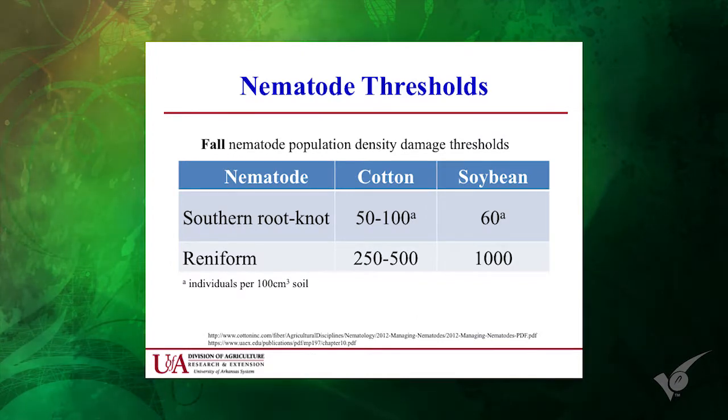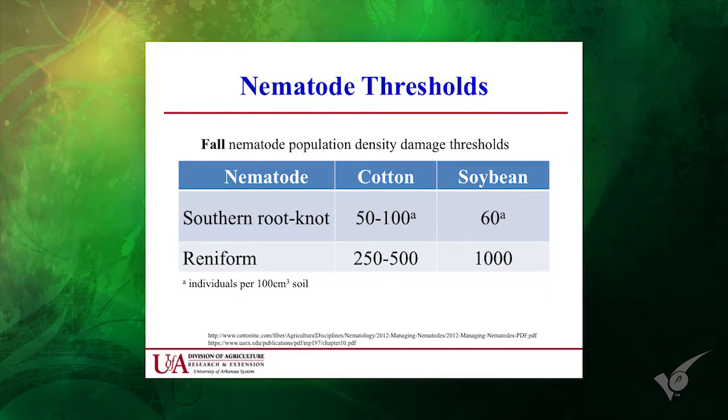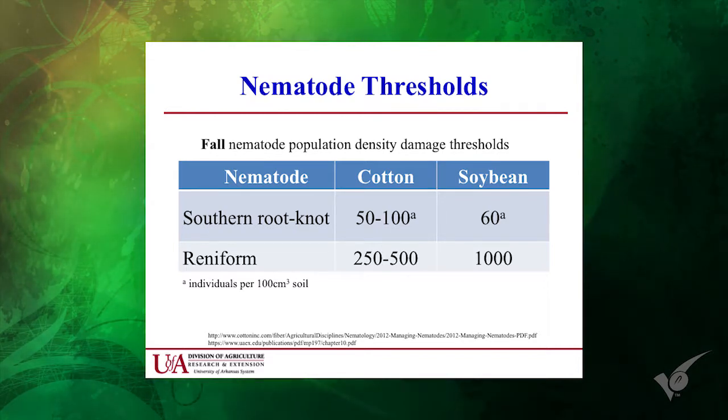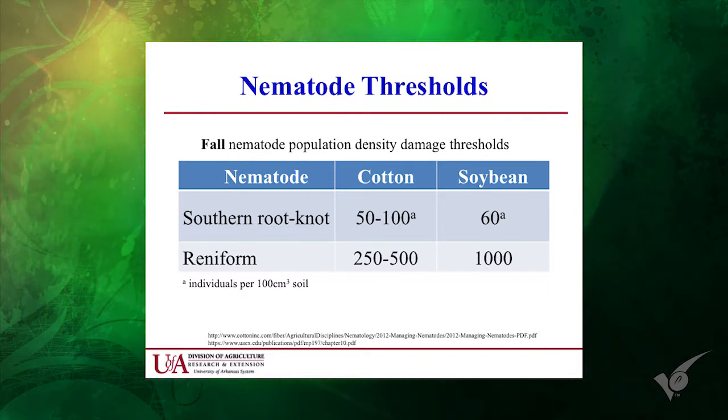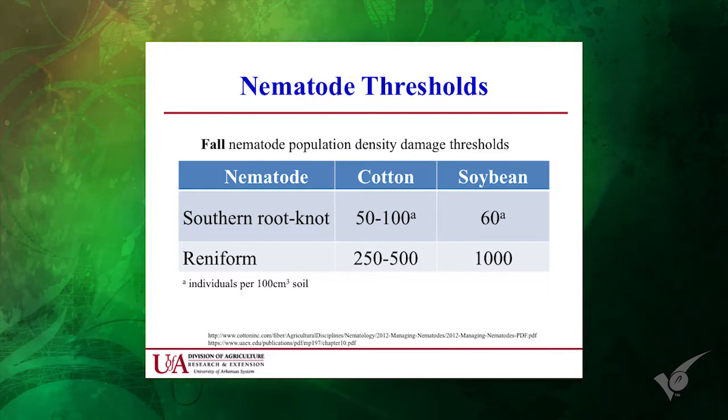Here are some thresholds. Plant pathology gets closer to entomology when it comes to nematodes. Here are some of the thresholds that we use in Arkansas for cotton: 50 to 100 J2s per 100 cc's of soil. It's always higher with the reniform because half of the population in the soil are males, and therefore they do not infect any of the plants, so those numbers will always be higher.